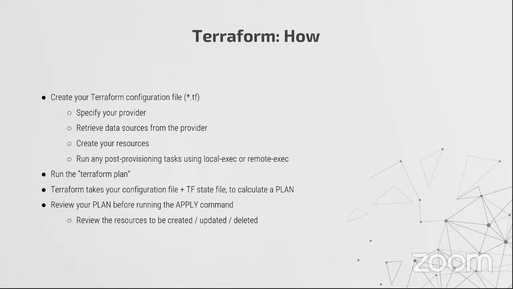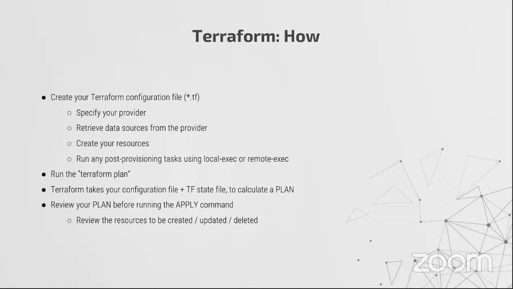I guess the next part is how do you get started? With Terraform, we create Terraform configuration files, which is basically just a text file with a .tf file extension. We specify the provider we want to use. So this could be vSphere, could be NSX, it could be vRA. And we retrieve data sources from the provider.